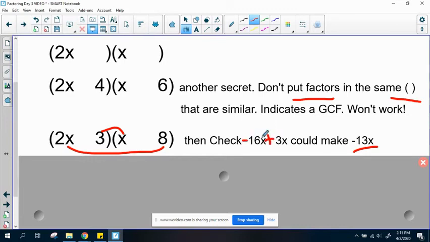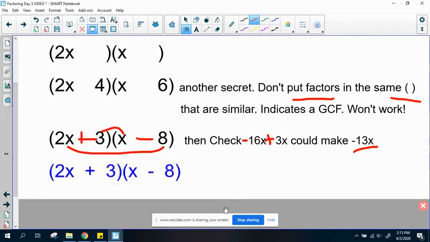The bigger thing has to be negative for it to be negative 13. So 16 came from the 2 times the 8, so this is negative and this is positive, and that's exactly what I got as my answer. Okay, there's all these little tricks to help you get through factoring problems faster.